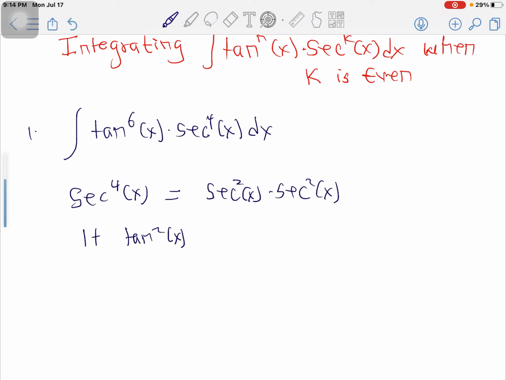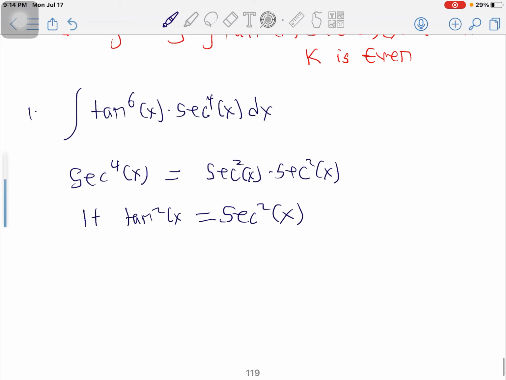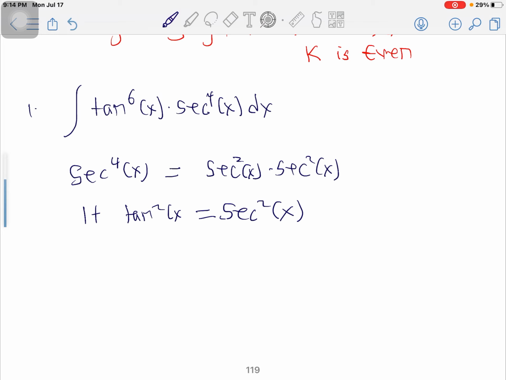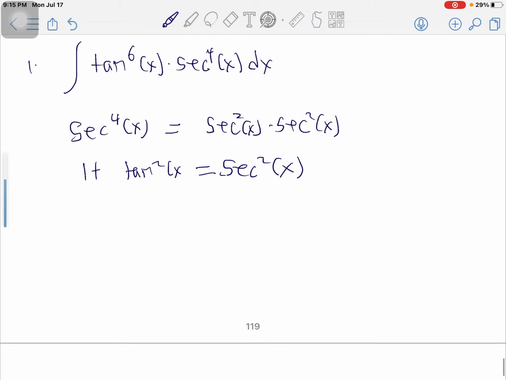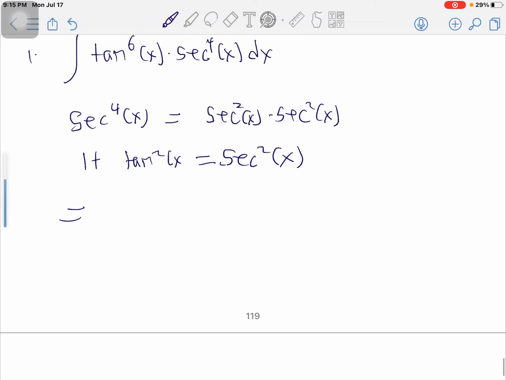From there, we can use the identity, as I told you, 1 plus tan square of x is equal to sec square of x, and therefore we can rewrite the first sec square of x in terms of tan x.